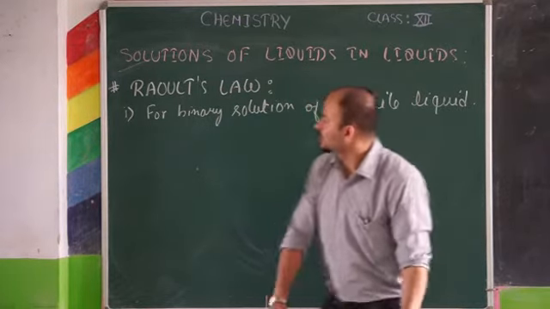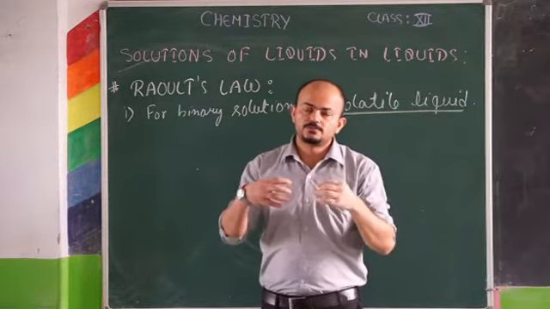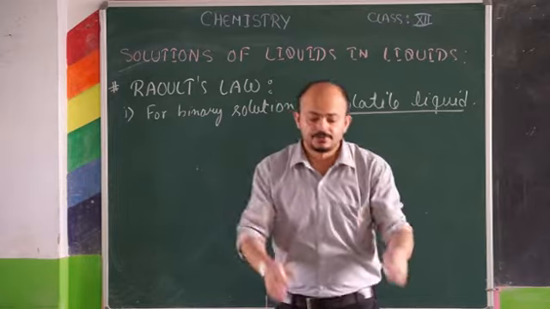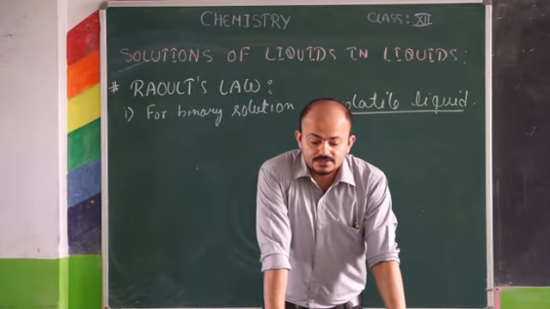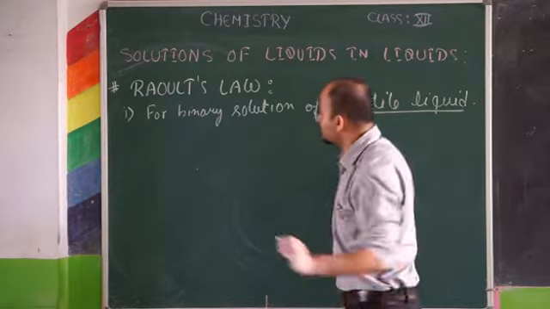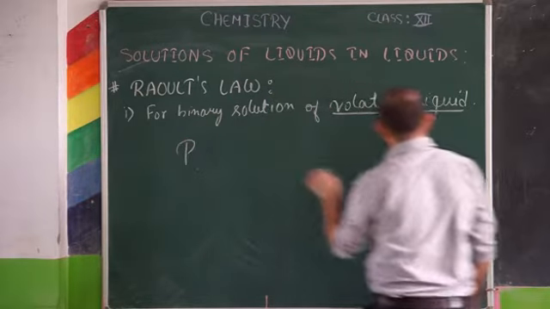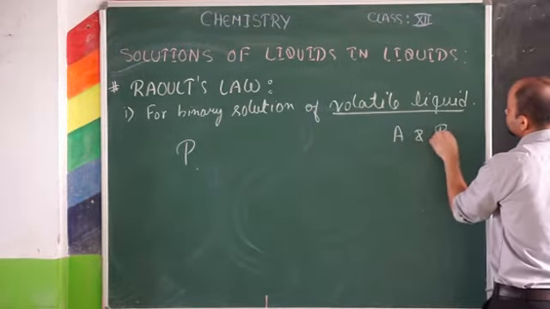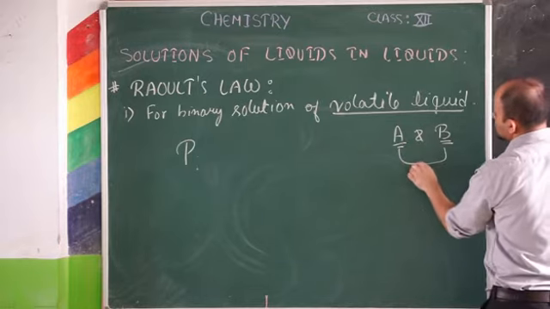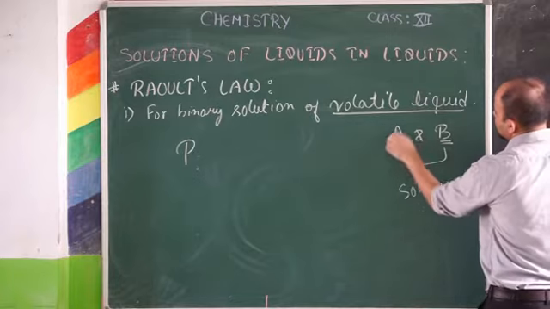In a solution where you have volatile liquids, volatile meaning both of them can go to the vapor phase, the partial vapor pressure of a volatile component at a given temperature is equal to the product of the mole fraction of that particular component and the vapor pressure of that component in the pure state. So mathematically, what does it mean? It means the partial pressure, suppose you have two liquids A and B, mixed to make a solution, and both A and B are volatile liquids.